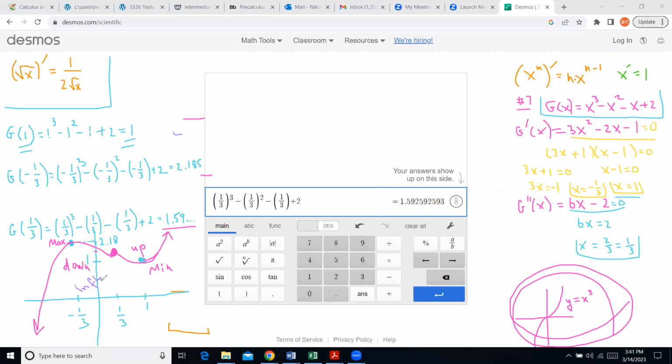So that's the second derivative, 0 of it. That's where we had 1/3, right? And that's exactly the one that corresponds to this change of behavior of that function. So that's the idea of the second derivative.